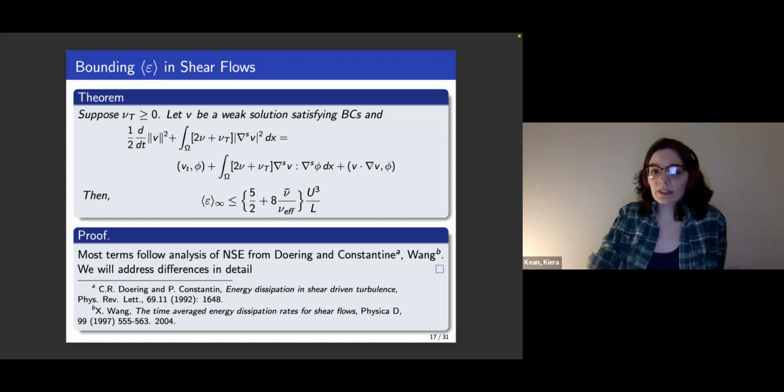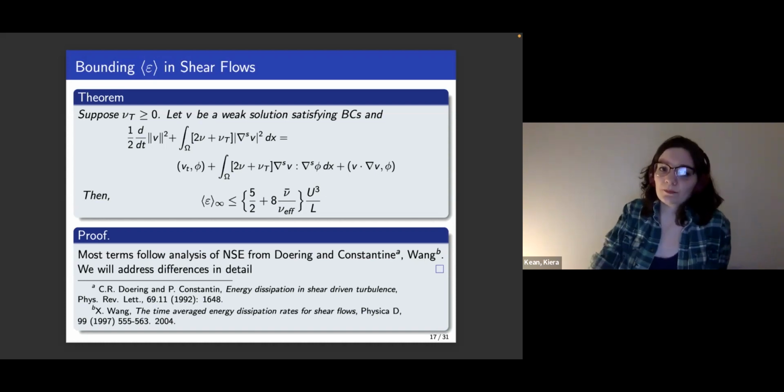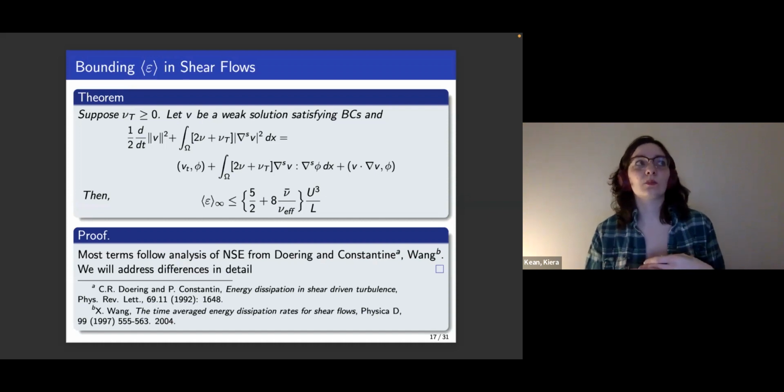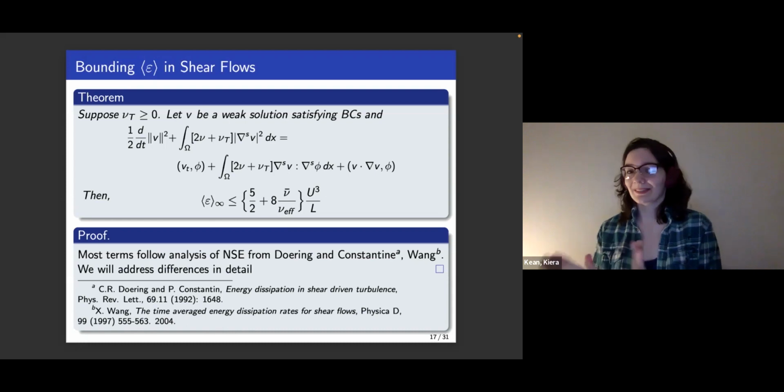And basically we would expect this to be well controlled if the viscosity is not much larger in the boundary layer, but we'll get into that more later.